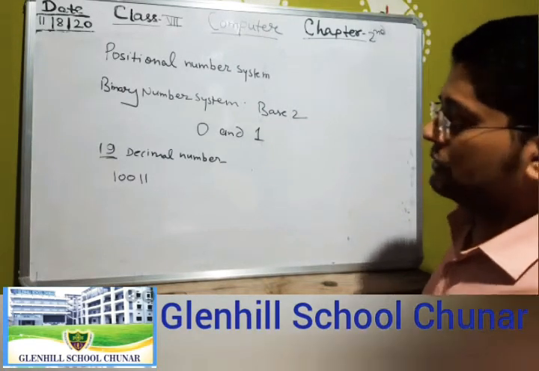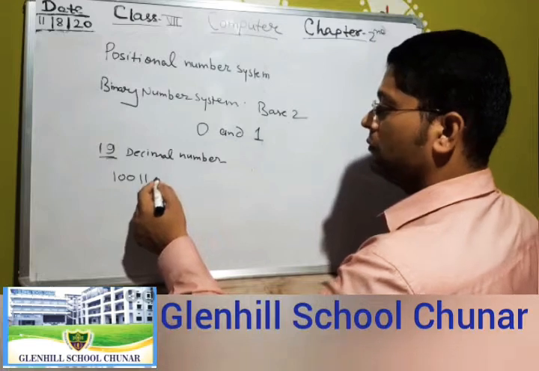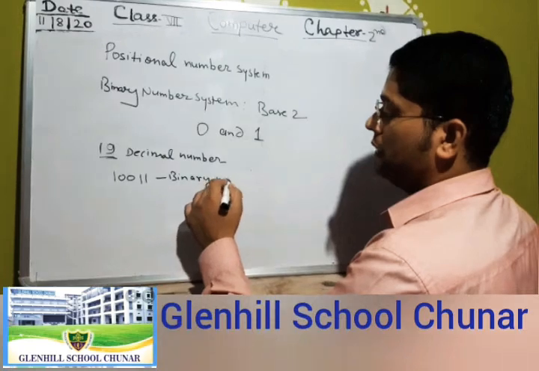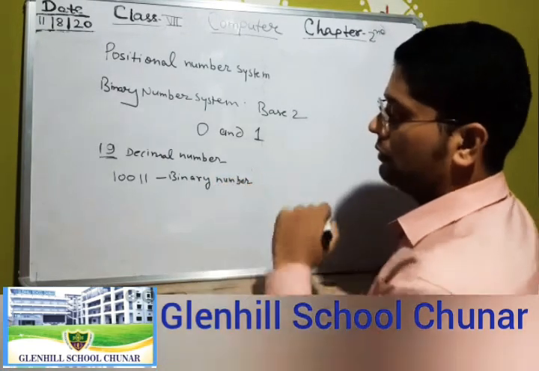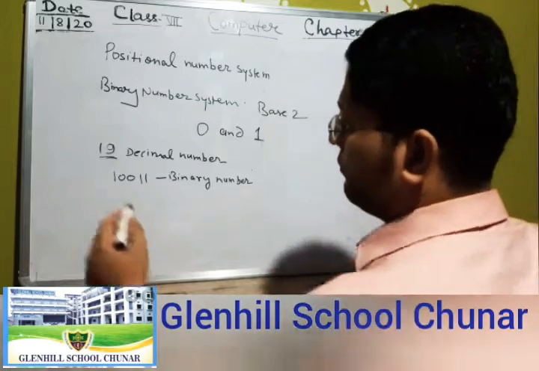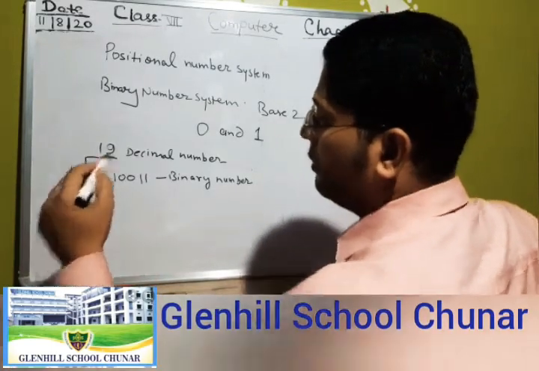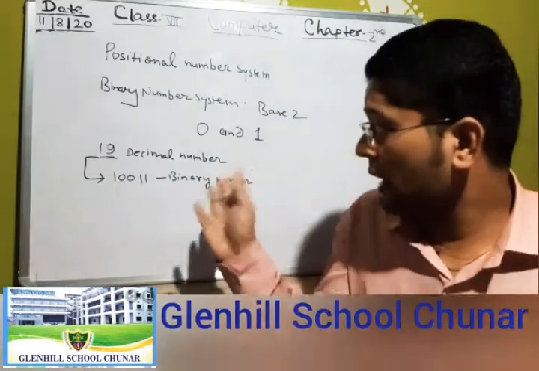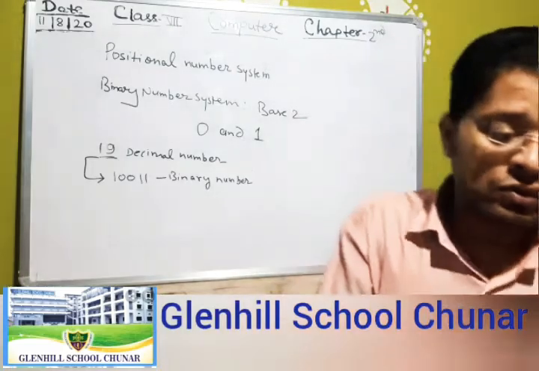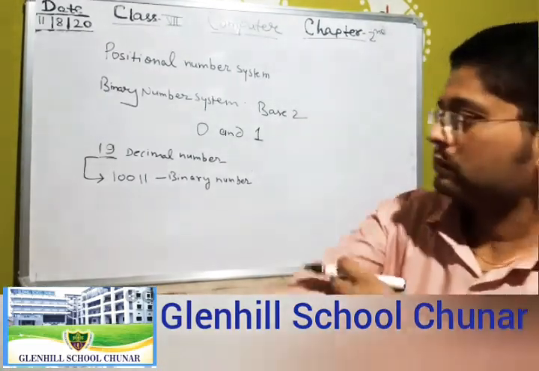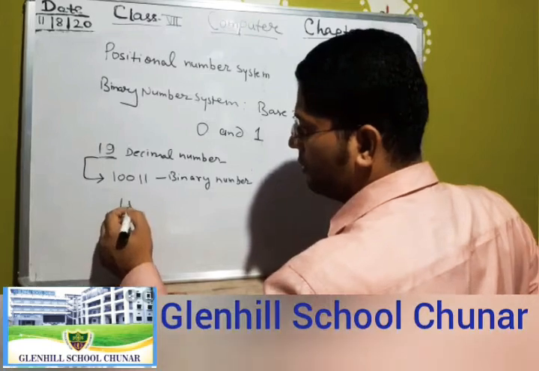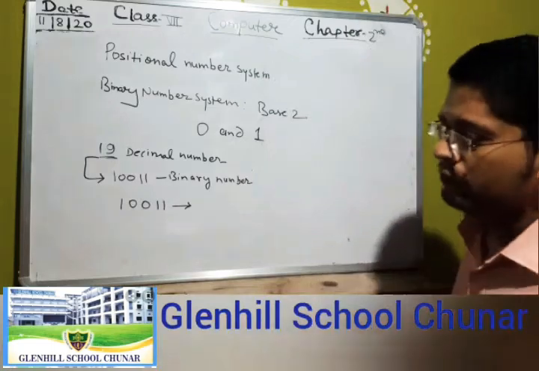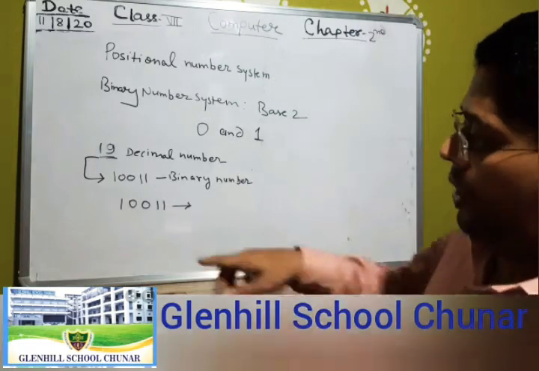Okay, students? Yes. So this is a binary number. That decimal number 19 is converted to the binary number 10011. How? Look.